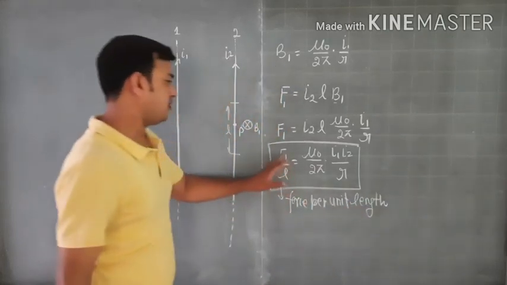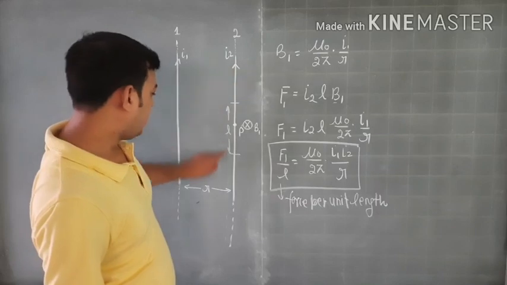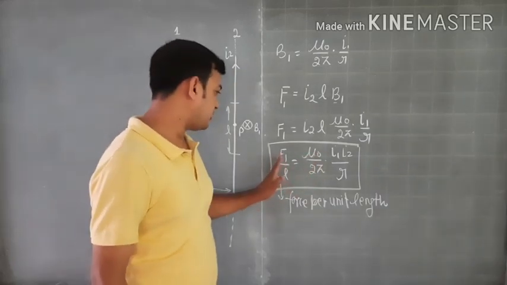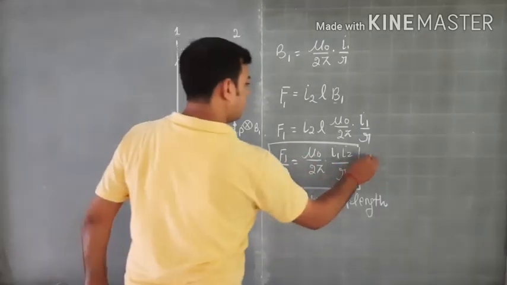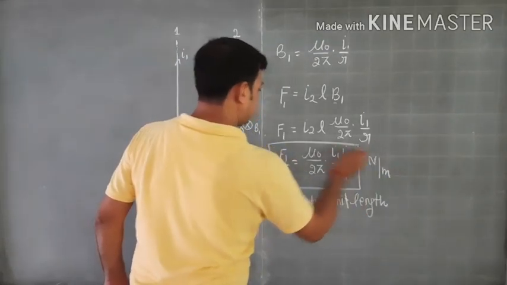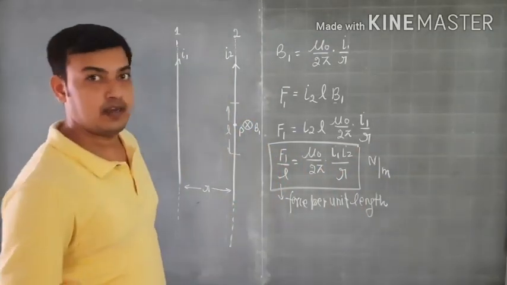This force will act on this wire per unit length, that is F1 by L, and the unit will be Newton per meter, as it is force per unit length.